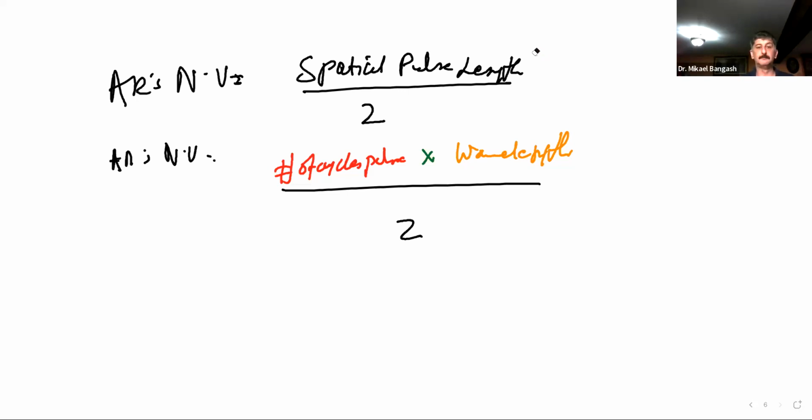Did that make sense? Where we mainly can say that your spatial pulse length is going to be directly proportional to both of these: the number of cycles, and it's also directly proportional to your wavelength.